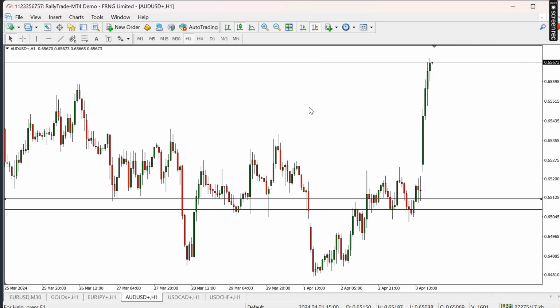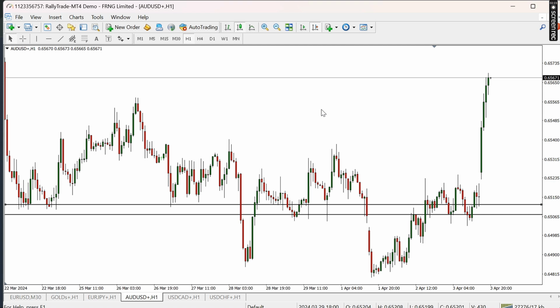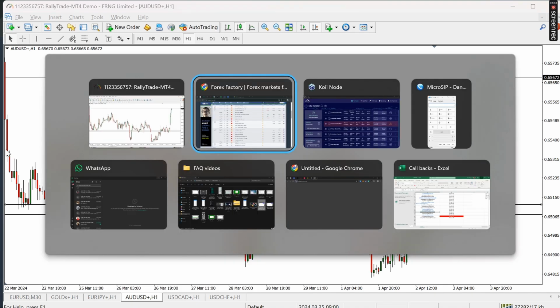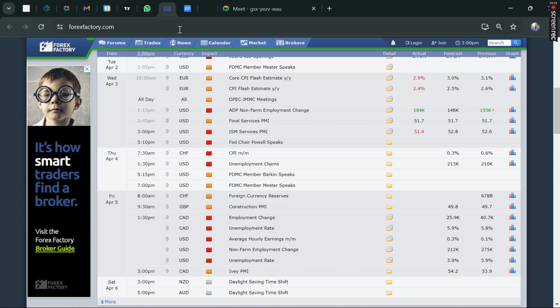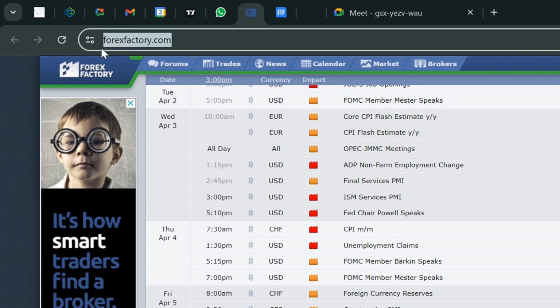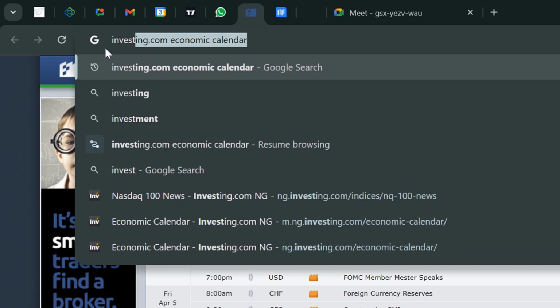The last analysis that we have is sentimental analysis. Before I go further into it, there are other ways that you can check for news events. Forex Factory is one. You can also check investing.com.